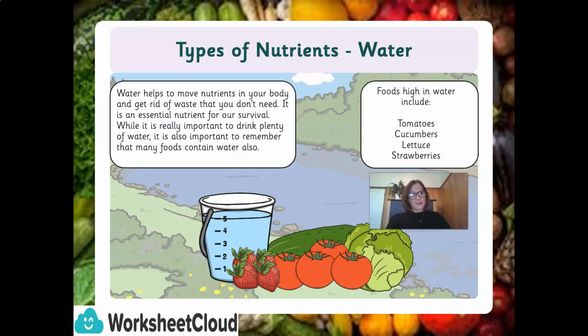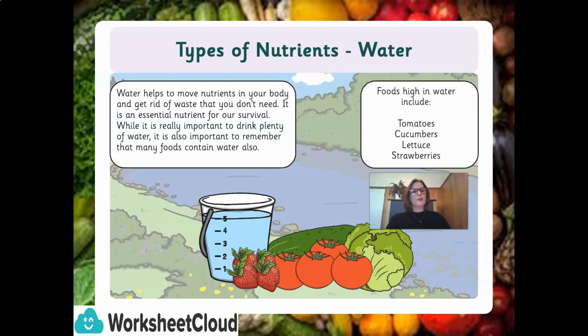Another very important type of nutrient is water. Water helps to move nutrients in your body and get rid of waste that you don't need. It is an essential nutrient for our survival. While it is important to drink plenty of water, it is also important to remember that many foods contain water also.